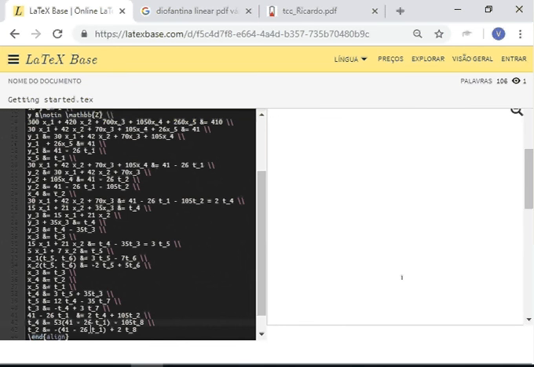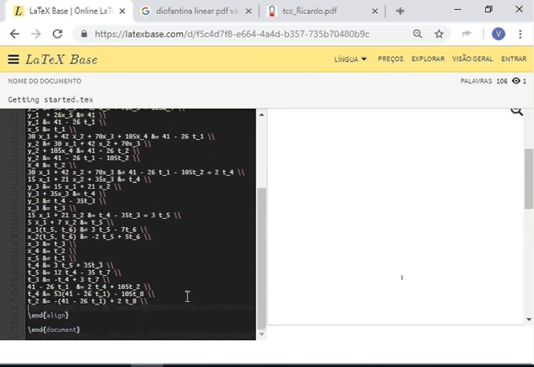Now we have one variable less. Let's rewrite the final solution. Not German solution, but Brazilian solution. X1, 2, 3, 4, 5.